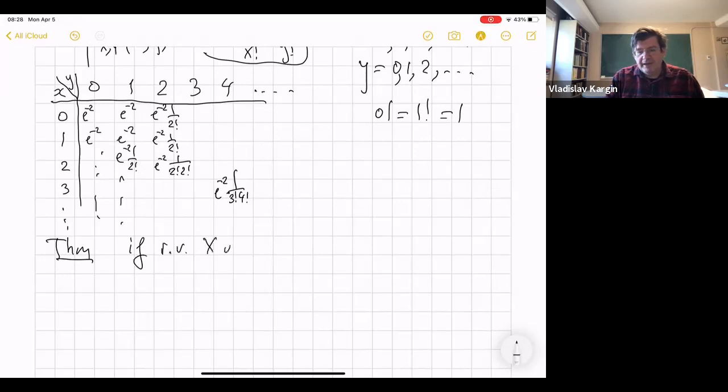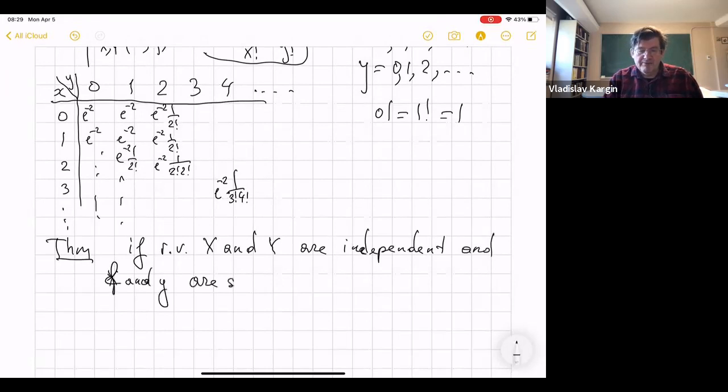random variables x and y are independent, and f and g are some functions. It really doesn't matter much what these functions are at this stage, because we live in a very simple world where x and y are discrete random variables.